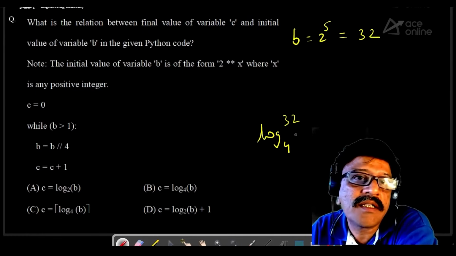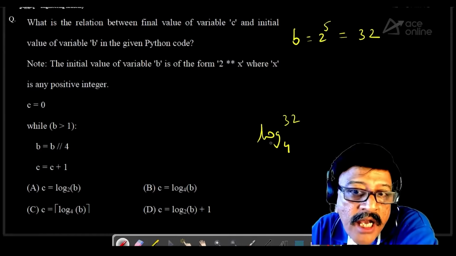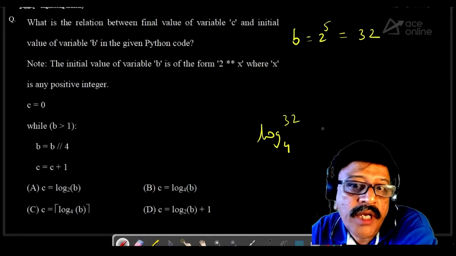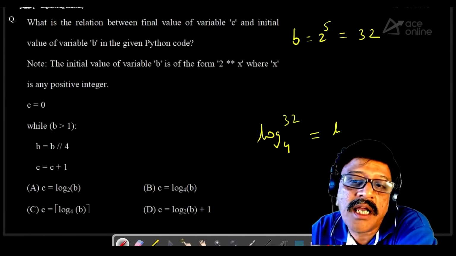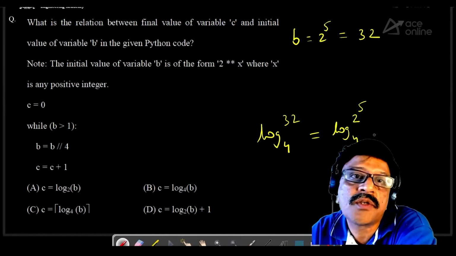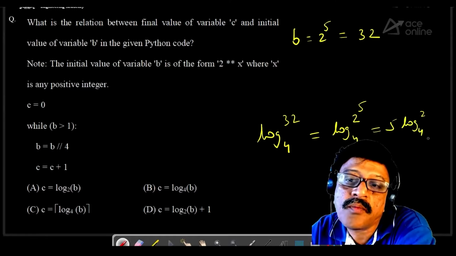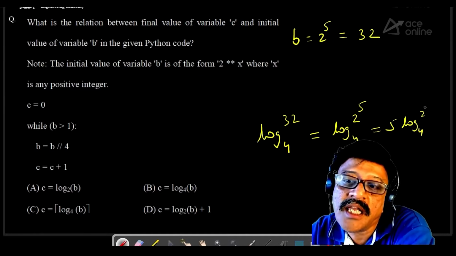See, 4 square is 16 and 4 cube is 64. Indeed, if you actually calculate log of 32 to the base 4, this can be written as log of 2 raised to 5 to the base 4, which means this is 5 log of 2 to the base 4. And you know, 2 is nothing but 4 raised to half.